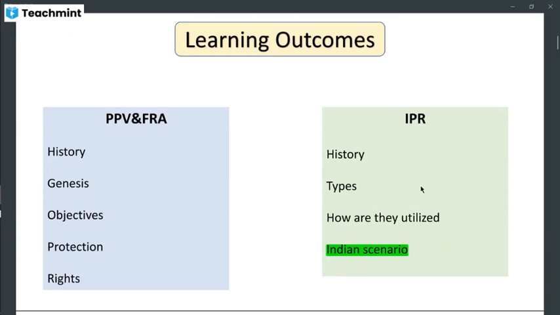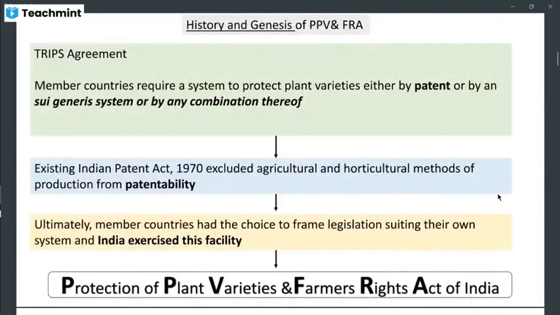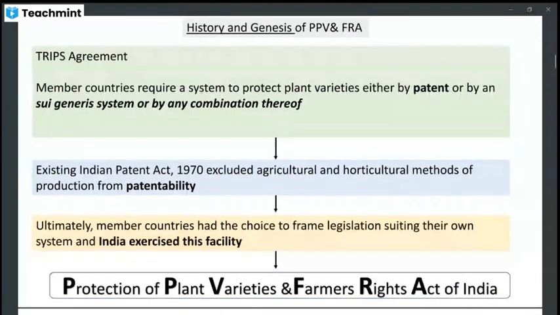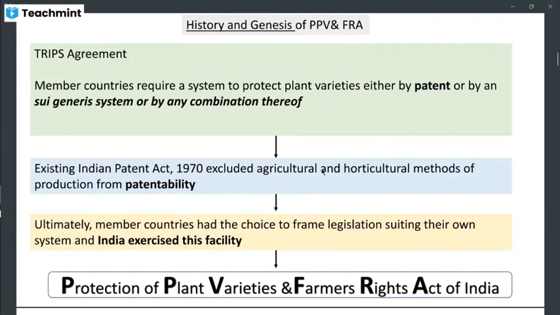So coming to PPVFRA: history and genesis. I hope everyone knows about the TRIPS agreement. There was a TRIPS agreement around 1994 or 1995, with which all the nations came onto a common platform to agree on something.